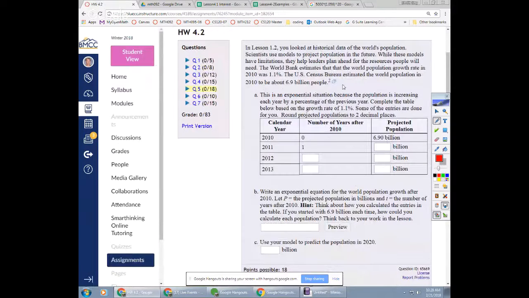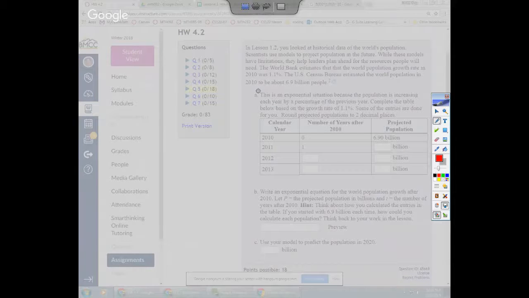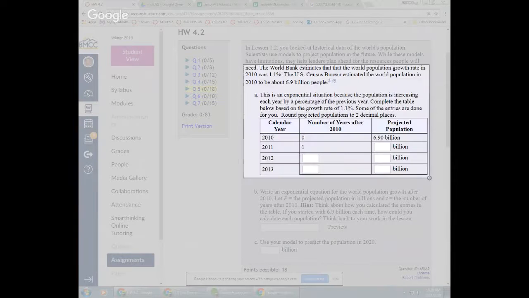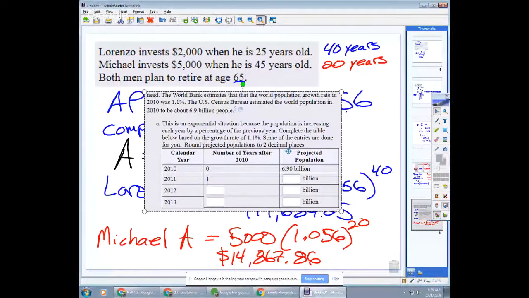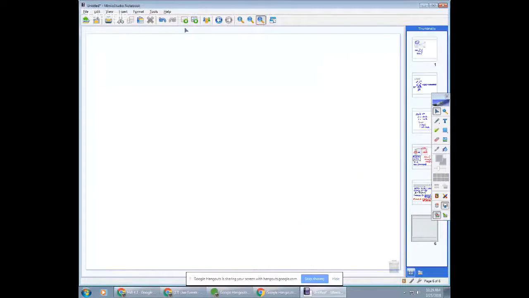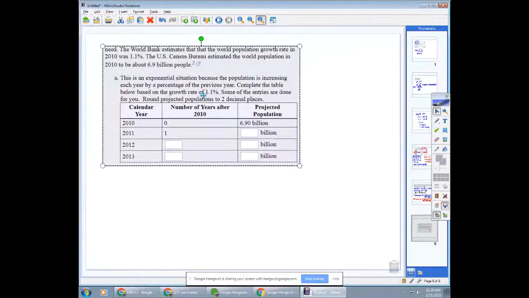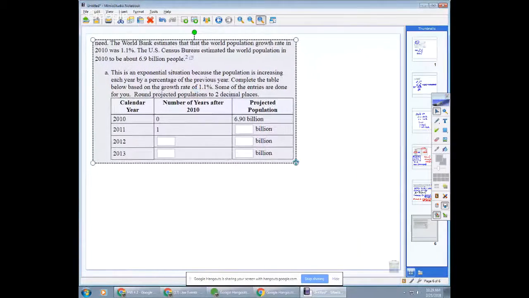Okay, let's take a look. So here, I think I just need a screenshot of the table. And a little more. Okay, so this is number 6 in homework 4.2.